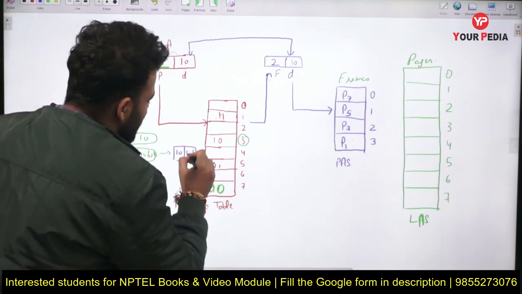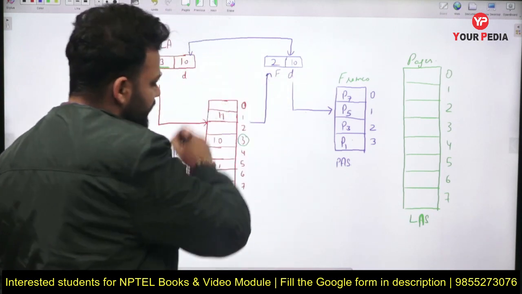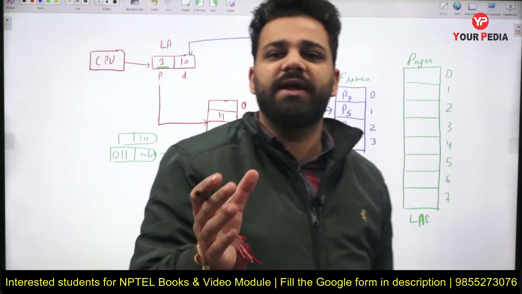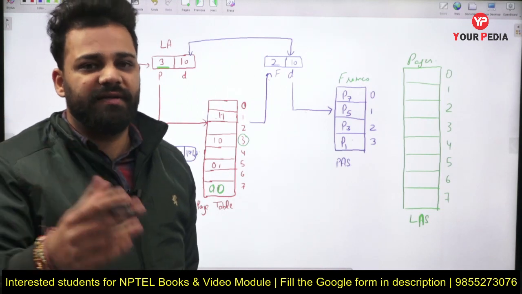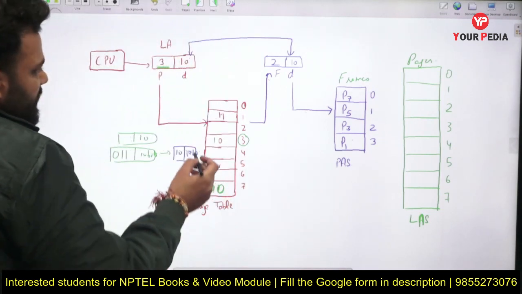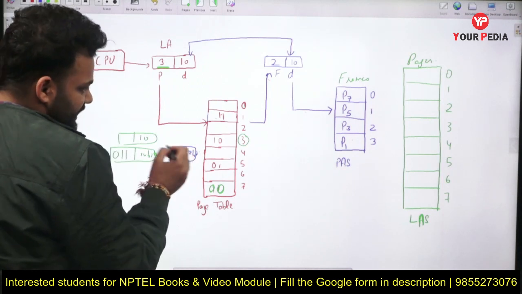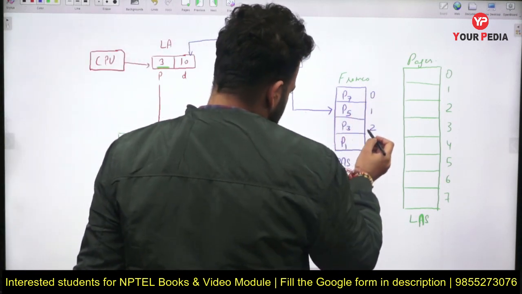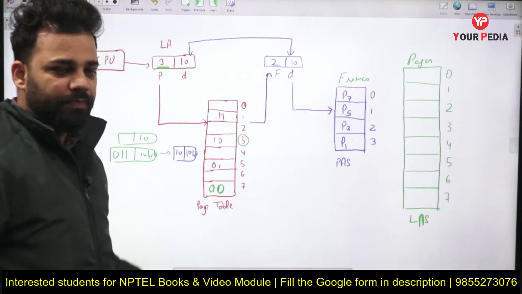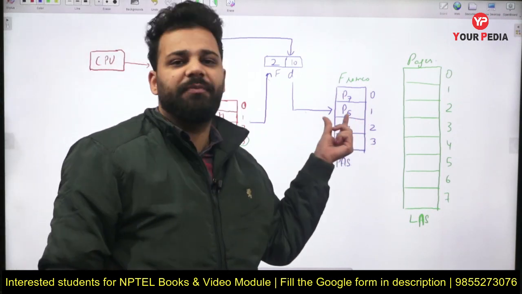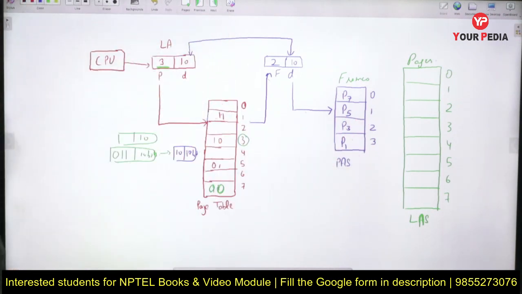Now this 10 will be transferred here using this page table. Translating the virtual address into the physical address is called paging. Now after that it will go into the memory and access frame number 2, which consists of page number 3. This is how paging works.